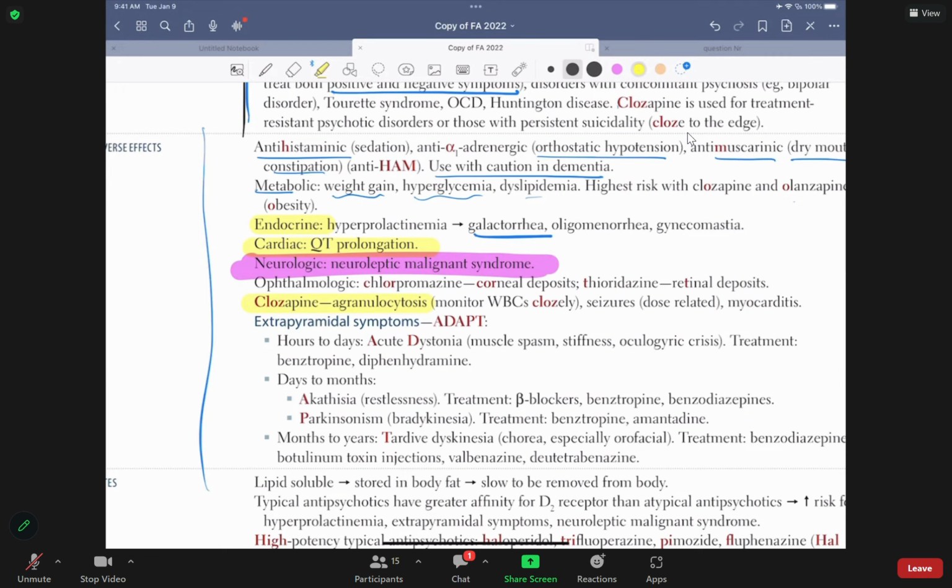Other medications that cause agranulocytosis. PTU and methimazole. Okay. Now, PTU and methimazole also do the same thing, folks. It causes that.